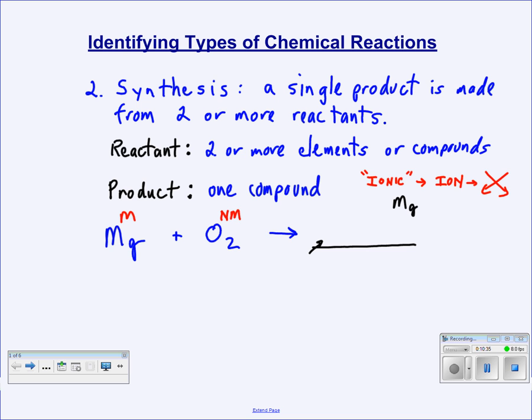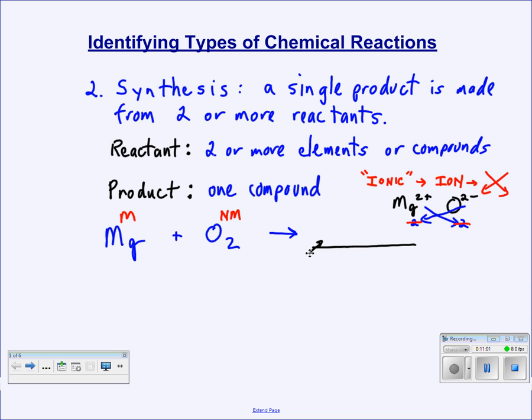Well, let's write the ions. Magnesium, you must remember, if it's going to form an ion, it's going to form a 2+ ion. Oxygen, when it forms an ion, forms a 2- ion. And so we wrote our ions, and now we're going to do our crisscross. What this would say is that 2 magnesiums would bond to 2 oxygens.